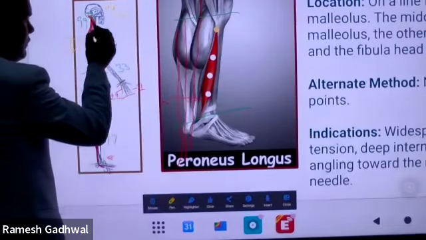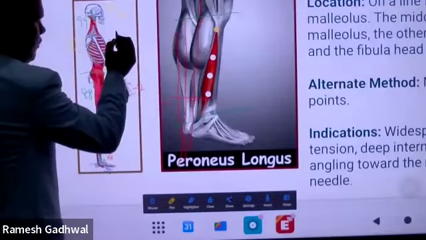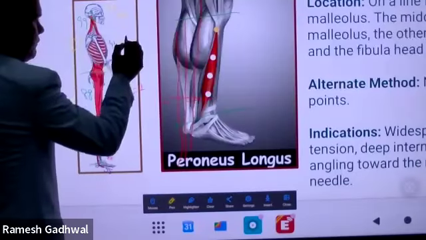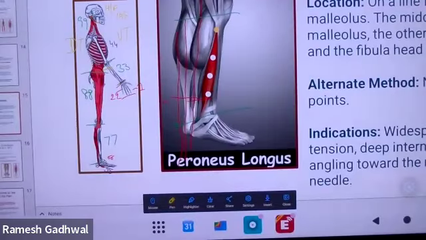Then on the front, from this area to the pelvic area, all points are VT. So always remember the location.